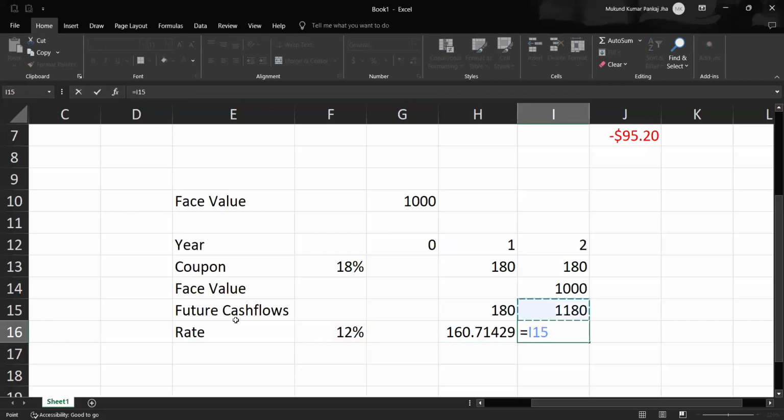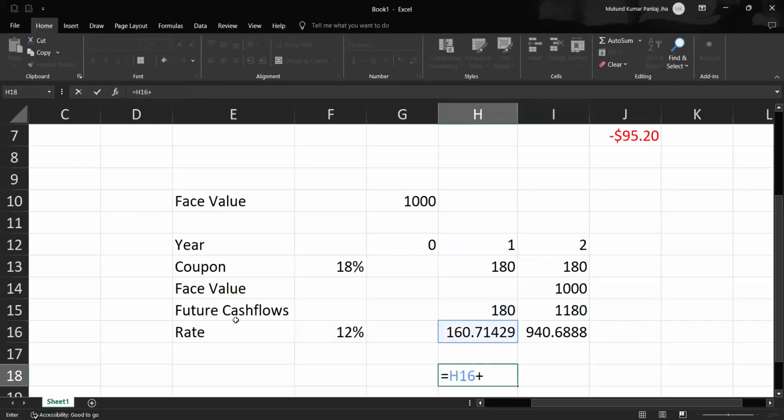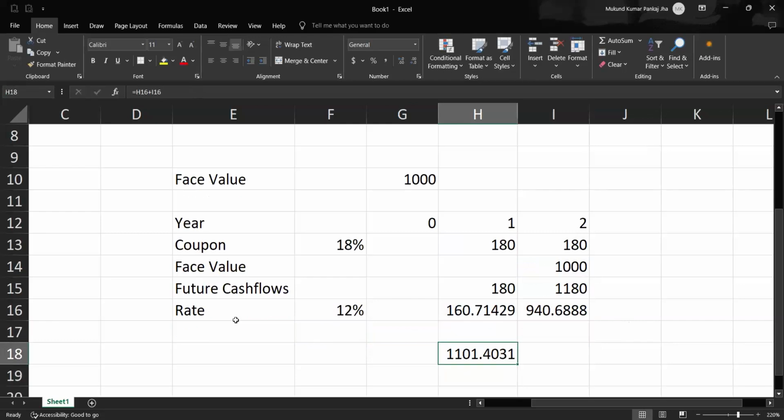Similarly, it would be FV divided by 1 plus R raised to N. So this is 940. What is 160 plus 940? This plus this gives me 1101.4.